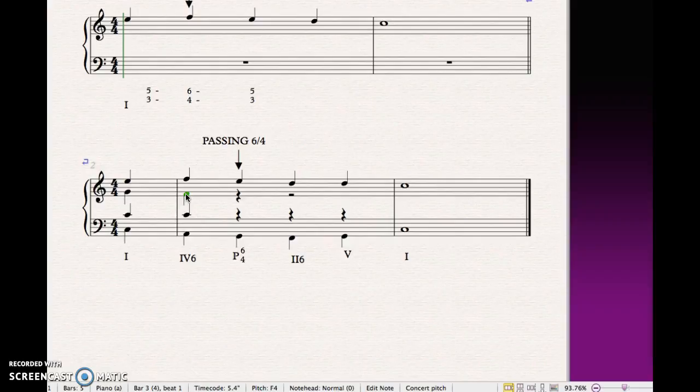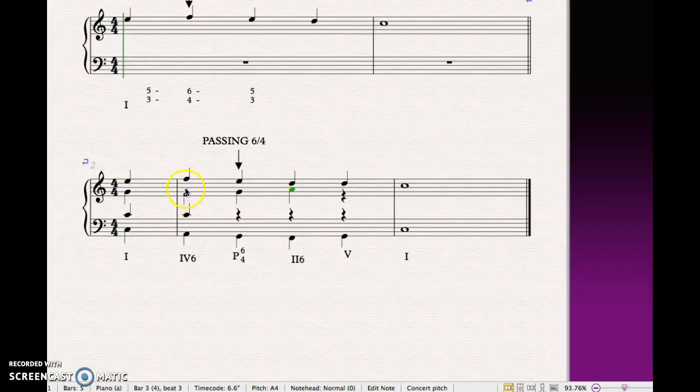Do like a voice exchange, a Fa, Sol to La. So you move in opposite direction. So with the voice exchange between these two, you assure yourself of no parallels. That's why it's a good idea to double the soprano.